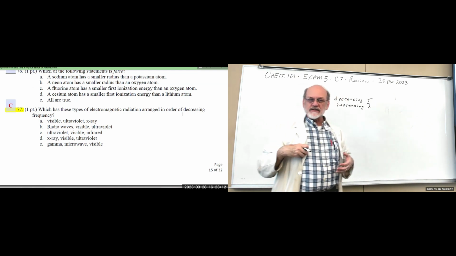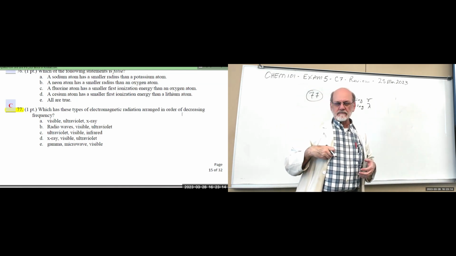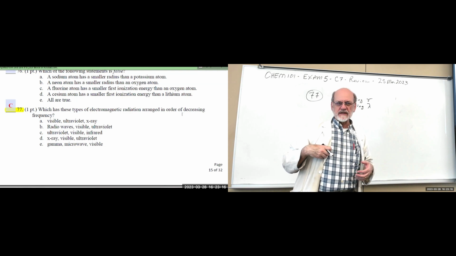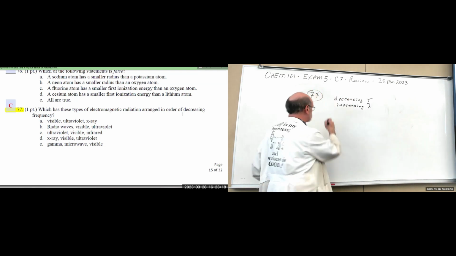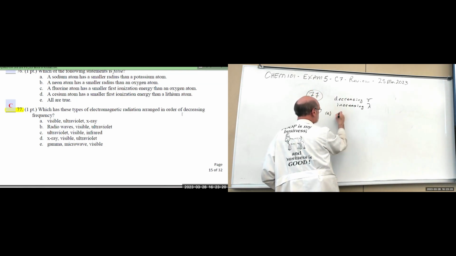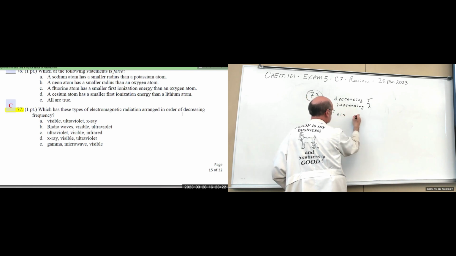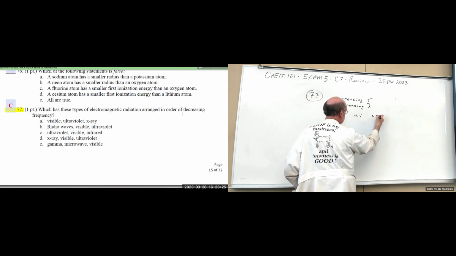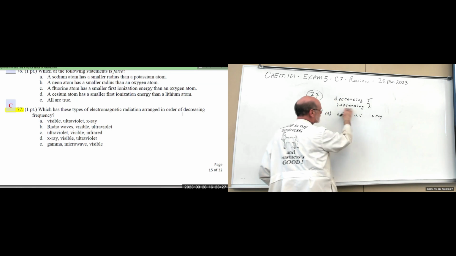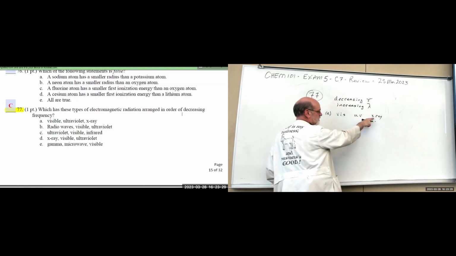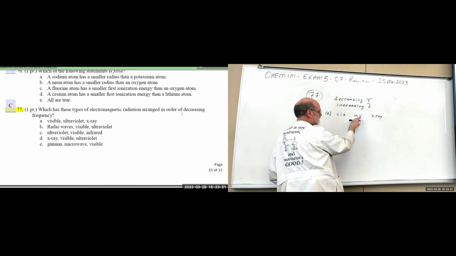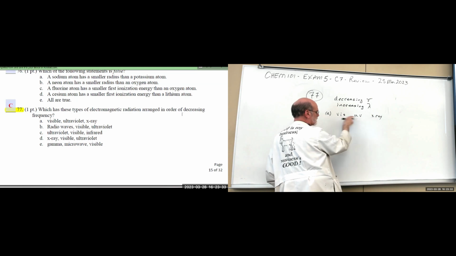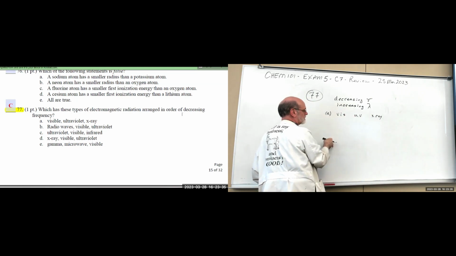So which one has the, let's see, visible, ultraviolet, X-ray. Is that increasing wavelength? No, that's a very short wavelength. This is shorter than visible, so it's the other way around.